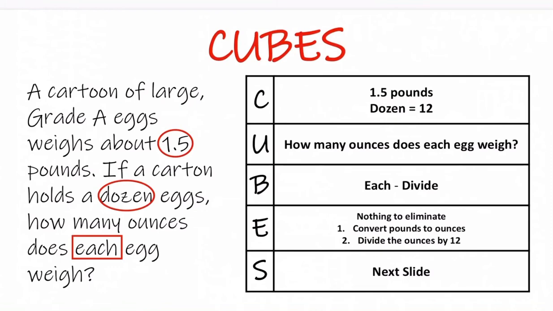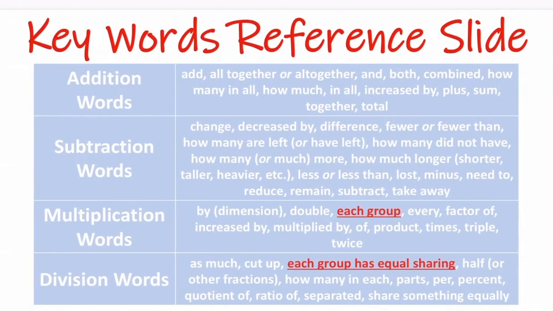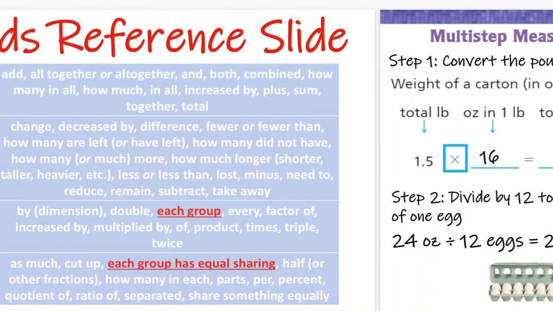That's why we divide it by 12. And then my work is on the next slide. Again, each group has equal sharing. We're now sharing the total amount of ounces that we'll find for this carton. So just to make sure that you understand that.